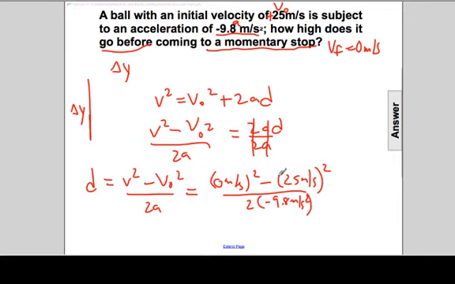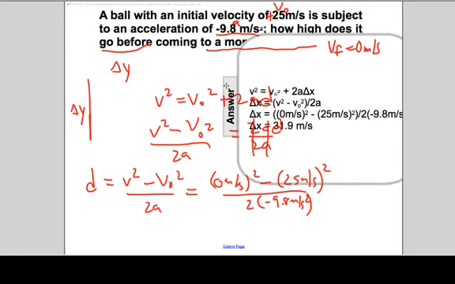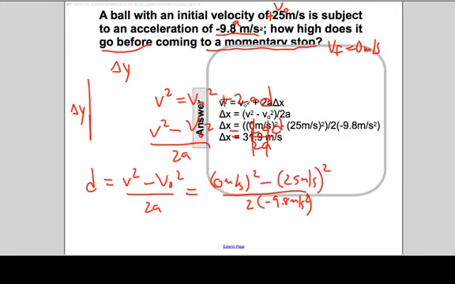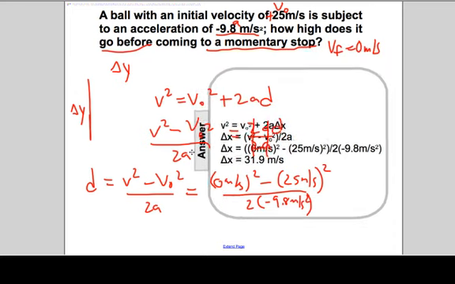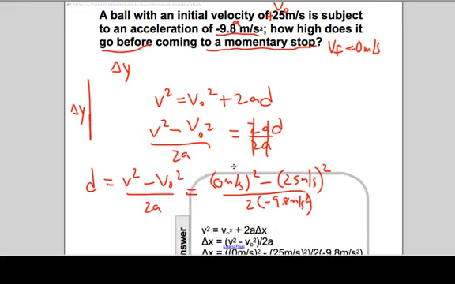And when we perform 25 squared divided by 2 times 9.8, we'll get an answer that is positive, and that answer will be 31.9, not meters per second, but meters.